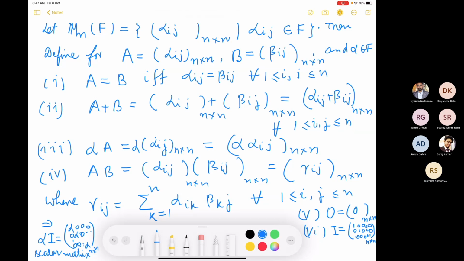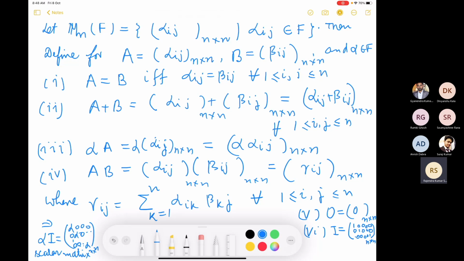Anyway, so define these for any two elements A, B in M_n(F), and every scalar alpha in F: the equality, the sum, scalar multiplication, and multiplication. So what remains to be seen is what algebraic structure M_n(F) may have. I leave it for you to see that this becomes an associative algebra with identity.